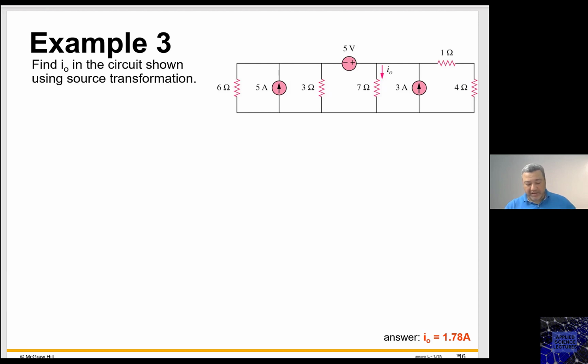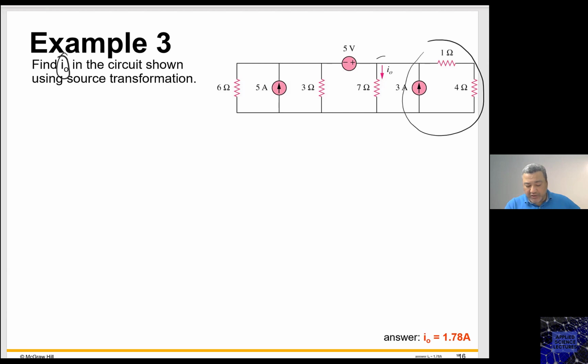So here in this case, just looking at this circuit, I can see that I can do source transformation. Here, for example, I have this current source that has resistor. So the objective is to find I naught, right?